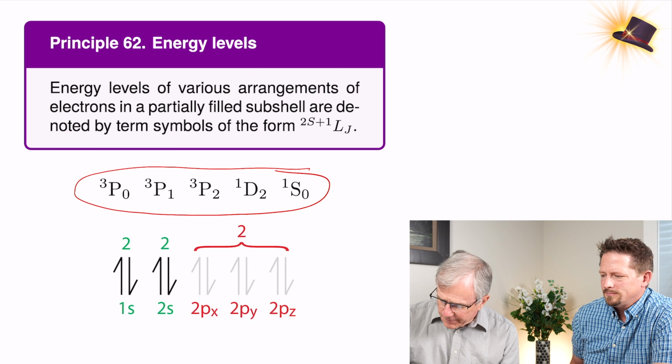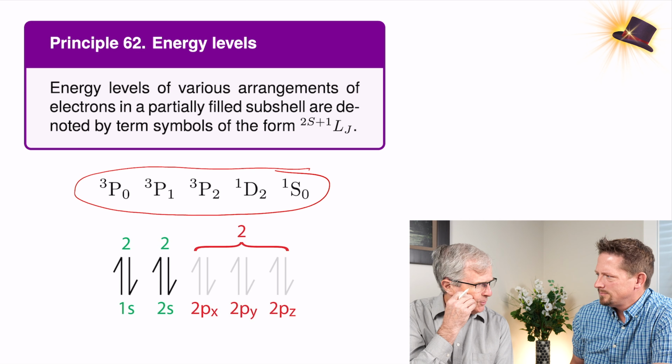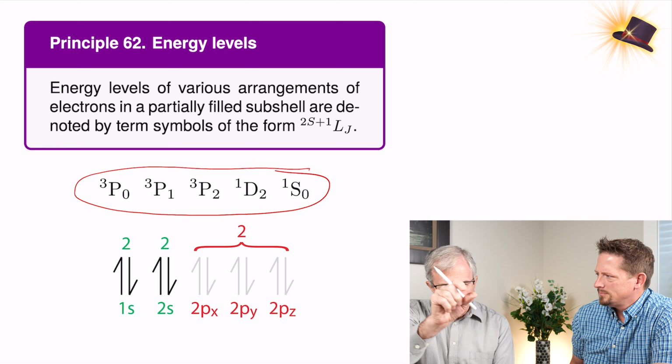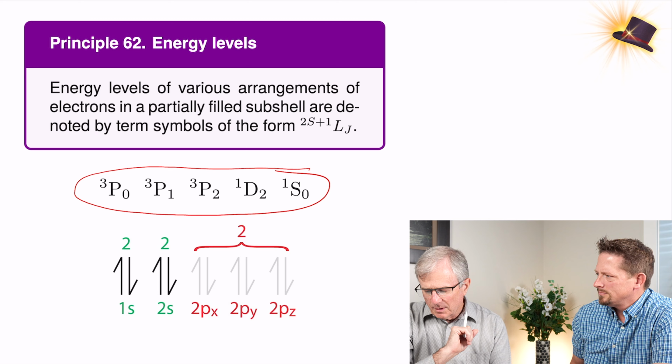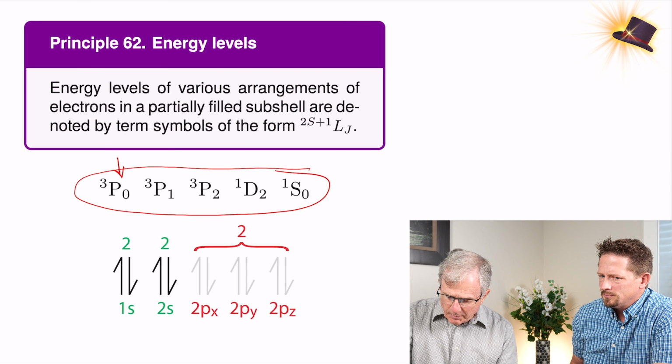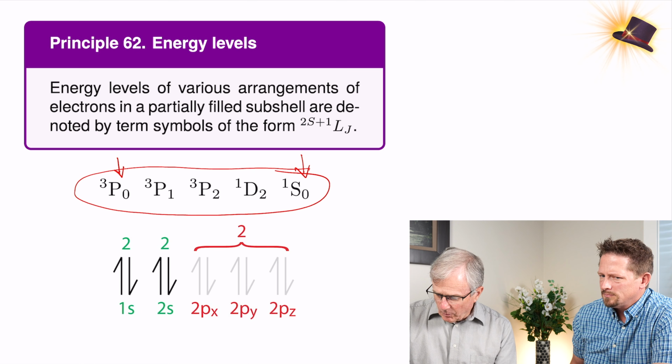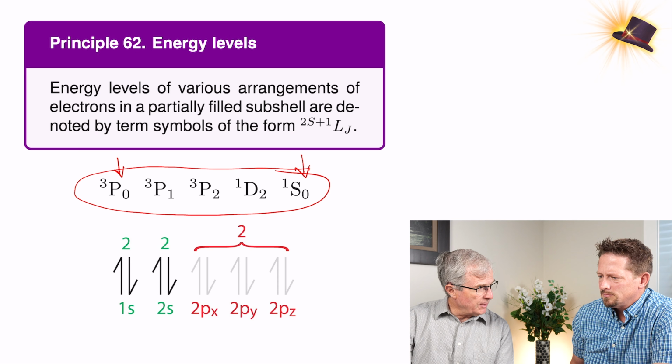But these are the 5 energy levels that I was referring to earlier. Depending on how you put those 2 electrons in the unfilled 2p subshell gives you 5 different energy levels, with 3P0 being the lowest energy level and 1S0 being the highest.